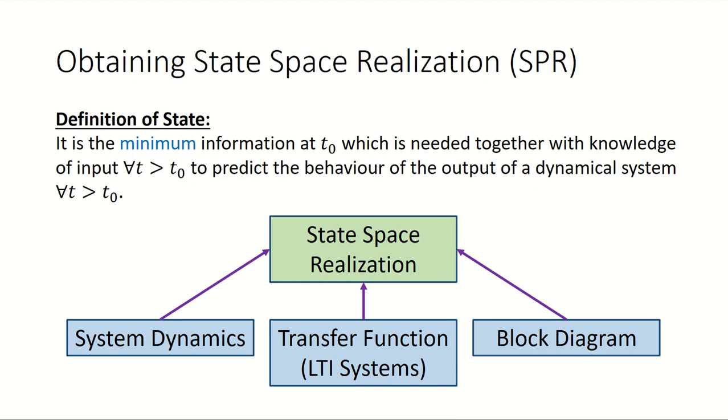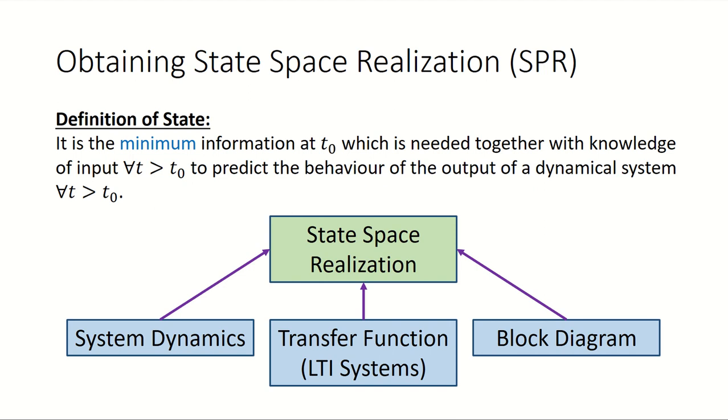So almost we have an idea, but let us formally define the state. It is the minimum information at some initial time t0 which is needed together with knowledge of the control input for all times t greater than t0 to predict the behavior of the output of a dynamical system for all t greater than t0.